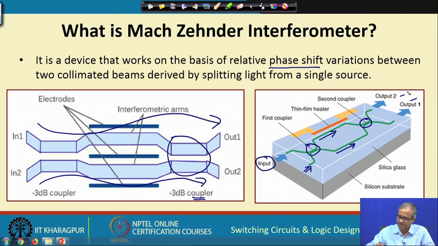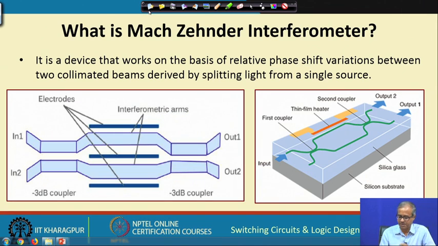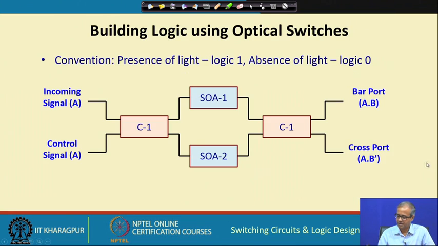Now, this kind of interferometer can be fabricated on silicon just like CMOS gates. Without going into the details of the optics, let us see functionally how this behaves. Functionally it behaves like this. I am showing a schematic diagram.